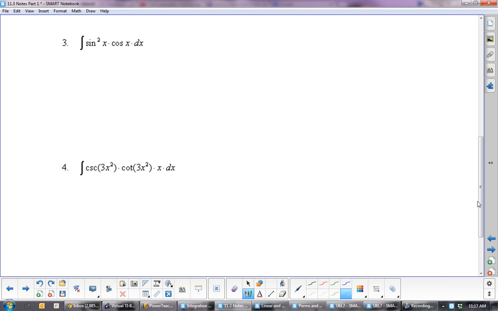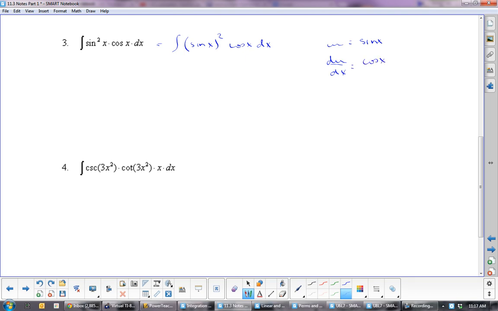Okay, so I got sine. Now this one, always make sure that you see it as sine x squared cos x. Okay, so what would u be? Sine x. du over dx equals cos x.